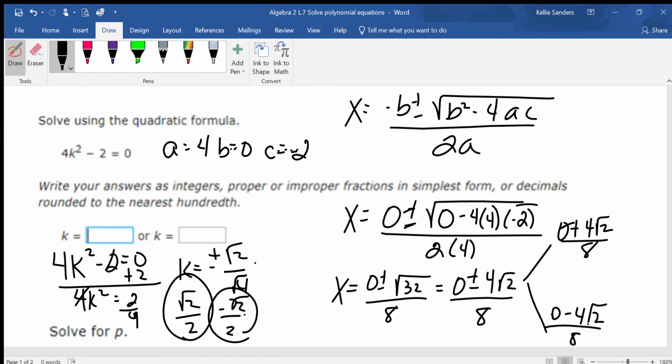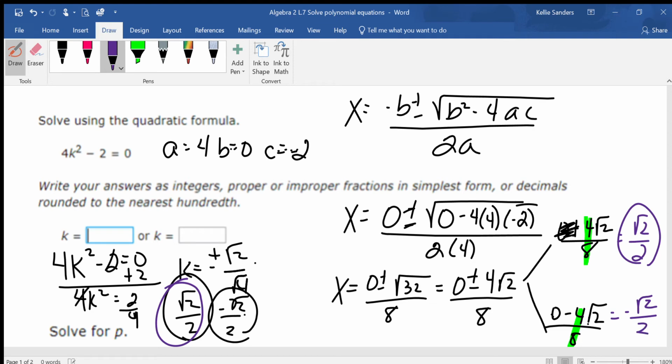If it's 0 plus, we don't need it. But the 4 and the 8 reduces. 4 over 8 reduces to 1/2, so it's the square root of 2 over 2, which is what I got right there. So this is negative square root of 2 over 2, because it's reduced 4 over 8.